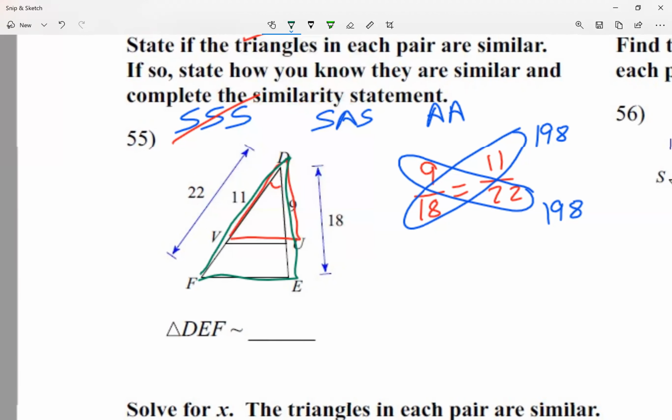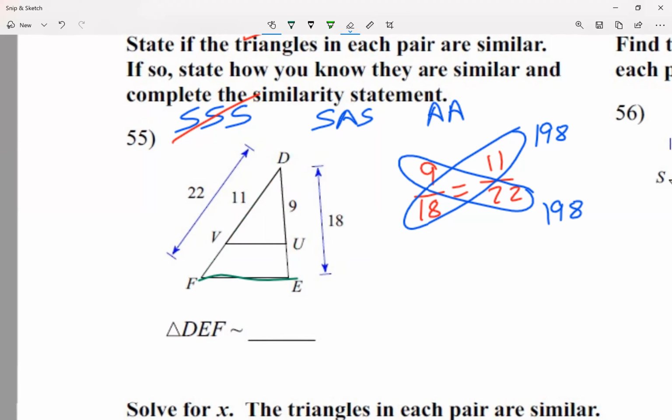Look, I highlighted my two triangles, one in red, one in green. Notice how angle D from the small triangle is equal to angle D from the big triangle, right? It's the same corner. I don't need to know the measurement. It is equal. So let me mark angle D. Let's just say angle D is given.